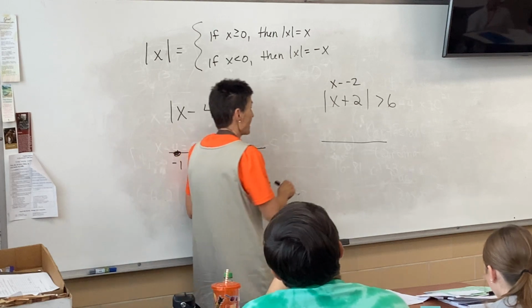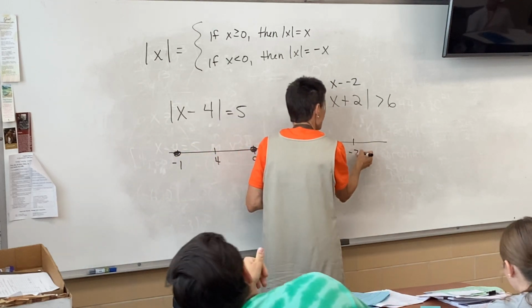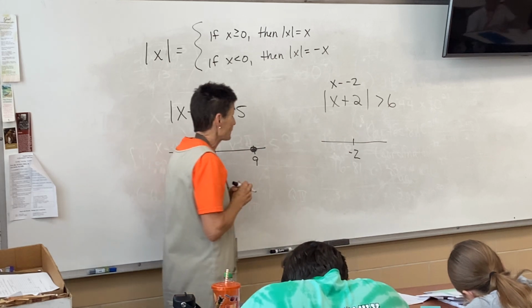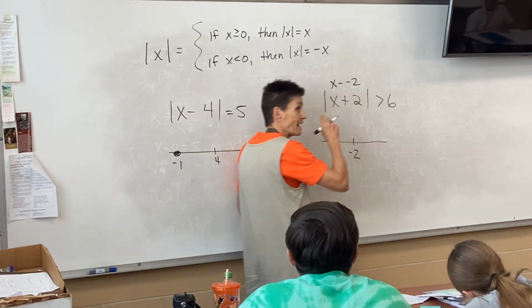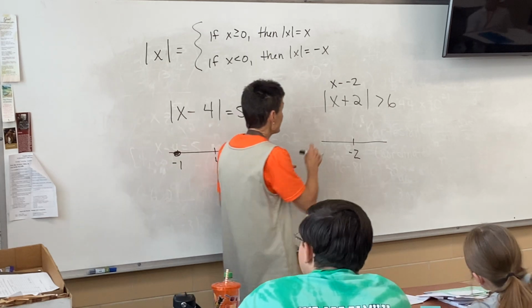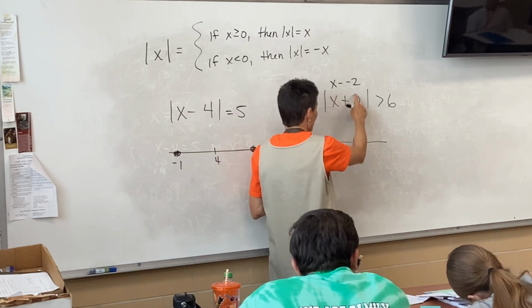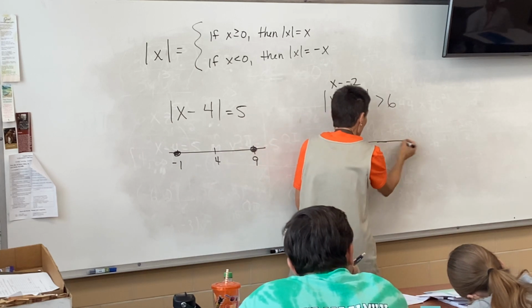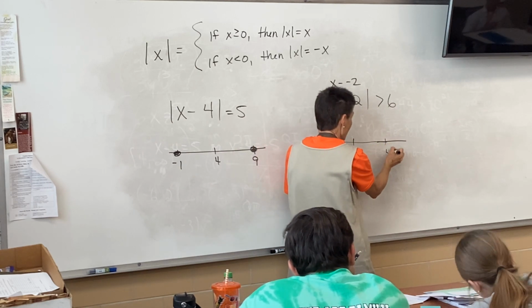So now it says the distance between some number and -2 is more than 6. Okay, now wait a minute. The distance between some number and -2 is more than 6. So I'm going to go 6 this way, and that would put me at 4.